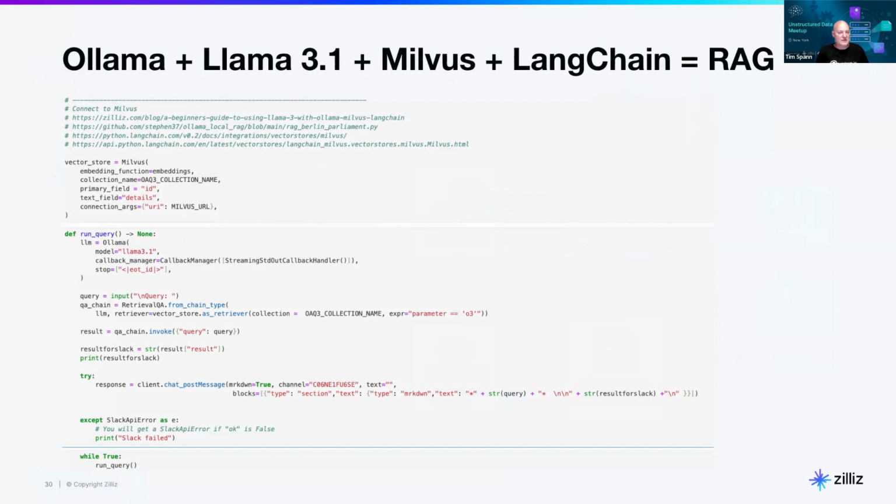So we use LangChain to do our RAG. Very simple, which is impressive how little code you need to do. This is all the code other than some imports. We connect to Milvus, pick the collection name, pick the embedding function, tell LangChain what the primary field is, what my text field is, and get a connection to Milvus.